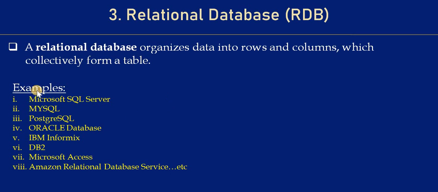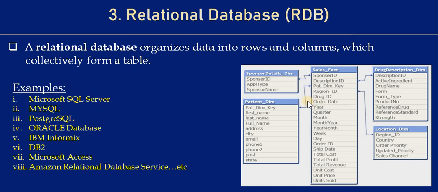Here we have a few examples of relational database systems: Microsoft SQL Server, MySQL, PostgreSQL, Oracle Database, IBM Informix, DB2, Microsoft Access, Amazon Relational Database Service, etc. If you observe the diagram, we can see a centralized fact table and different dimension tables. There is a relation between the tables, and the tables establish relations in relational database systems.